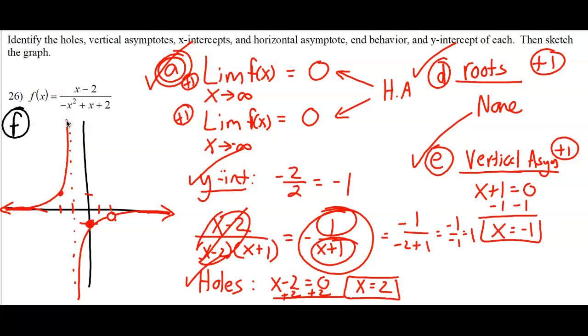If you're ever not sure, you can plug in a few more numbers to get more points. Usually what I told you to do is pick some numbers between every root and every vertical asymptote and whole. But sometimes you can just eyeball it and get a pretty good guess out of it, okay?